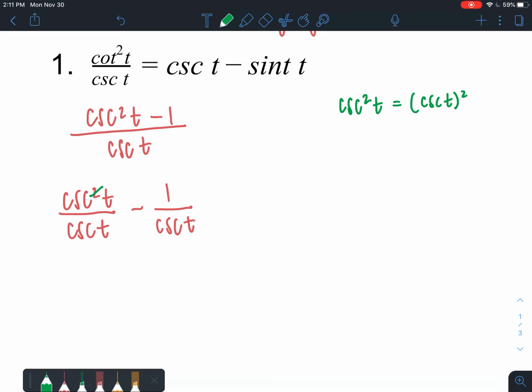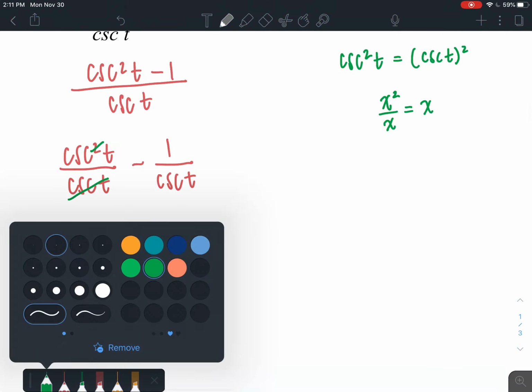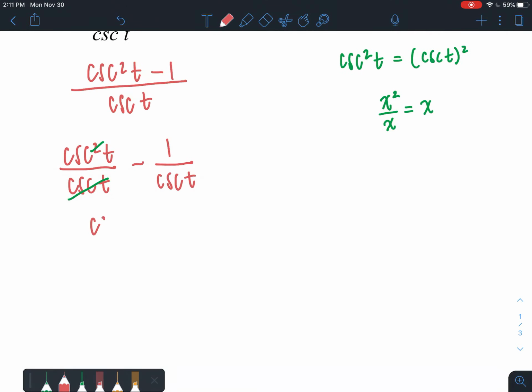So this goes away, as does this, because if it would be like us having an x squared over x, we're left with just an x. In this case, we have cosecant squared over cosecant, so we're just left with cosecant. So I have cosecant t minus 1 over cosecant t.